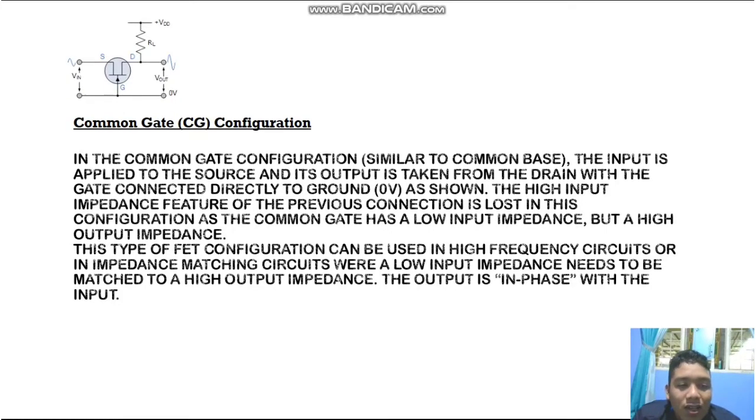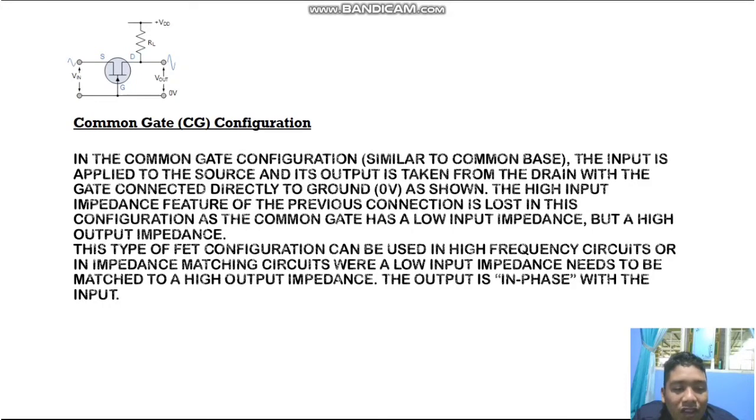Next is common gate configuration. In the common gate configuration, similar to common base, the input is applied to the source and its output is taken from the drain, with the gate connected directly to ground or 0 volts as shown. The high input impedance feature of the previous connection is lost in this configuration, as the common gate has a low input impedance but a high output impedance.